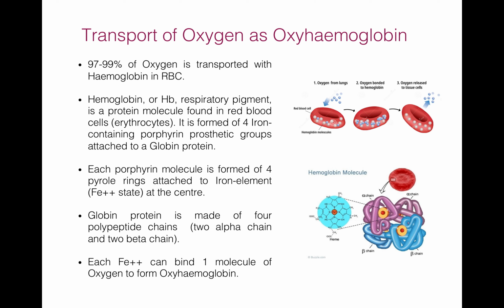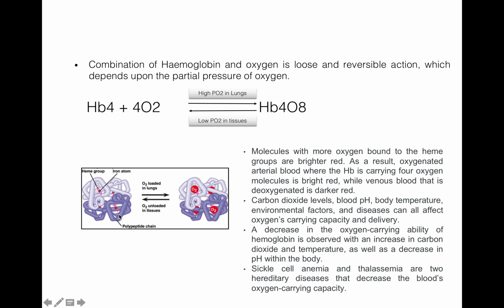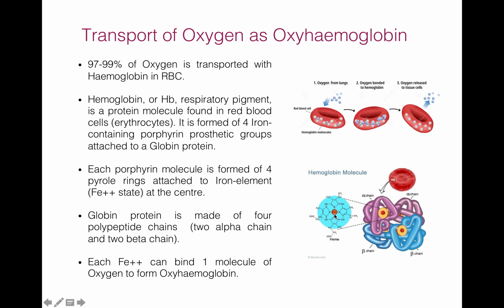Each porphyrin molecule is formed of 4 pyrrole rings, which are attached to the iron. Here you can see iron at the center. Globin protein is formed of 4 polypeptide chains, 2 alpha chains and 2 beta chains.